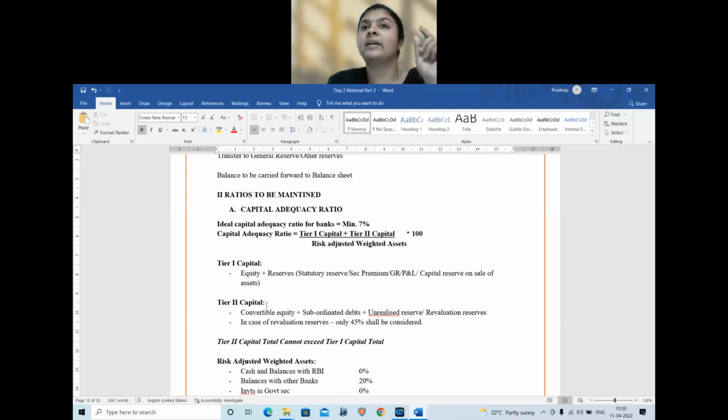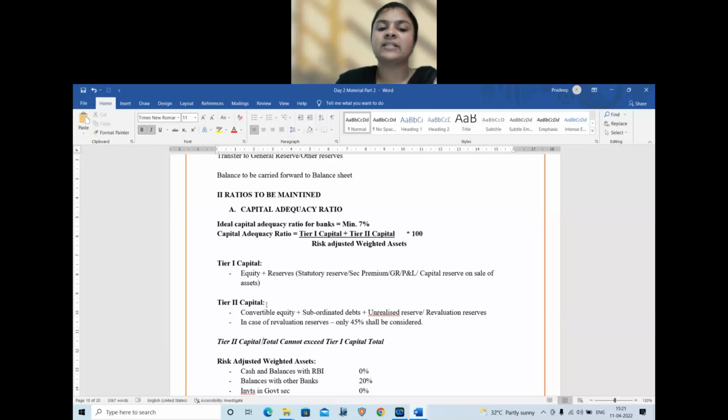However, for revaluation reserve, we need to consider only 45% of the revaluation reserve. So if revaluation reserve is 10, I can only consider 4.5 as Tier 2 capital. Most important rule, on any day, total of Tier 2 capital cannot exceed Tier 1 capital.